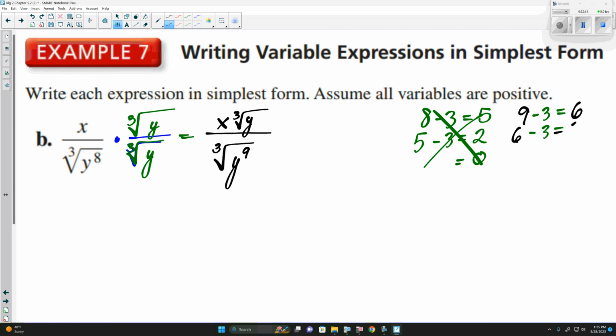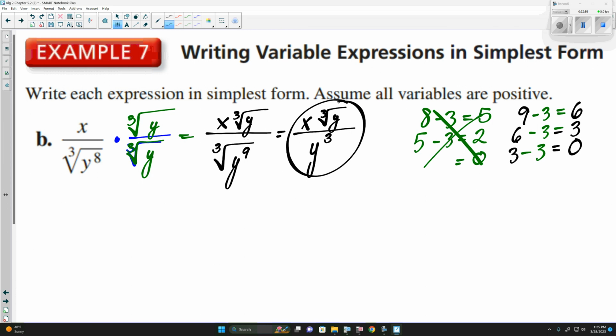6 minus 3 is 3. 3 minus 3 is 0. So the denominator is now what? y to the 3rd. And that's it.